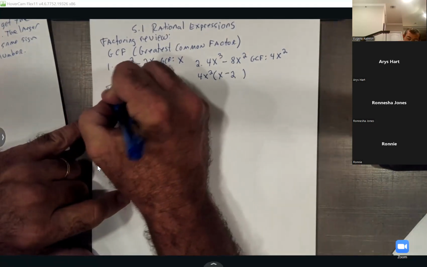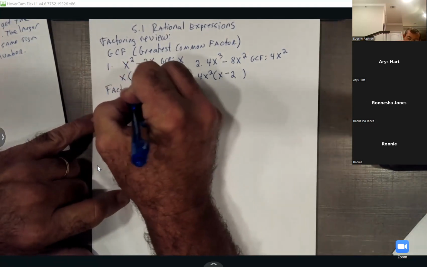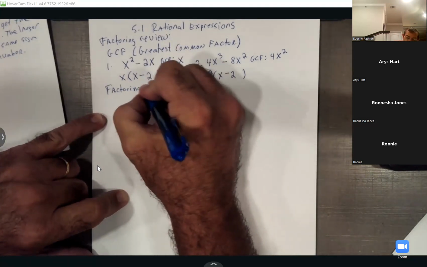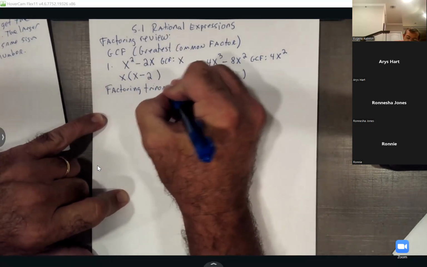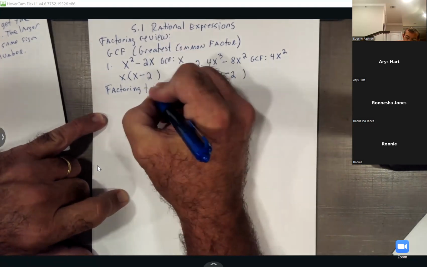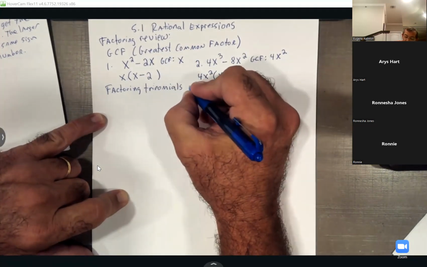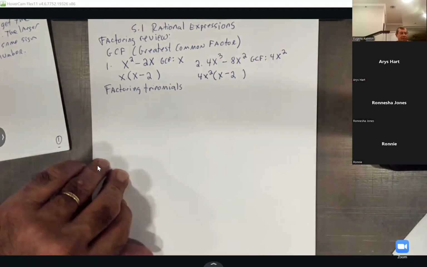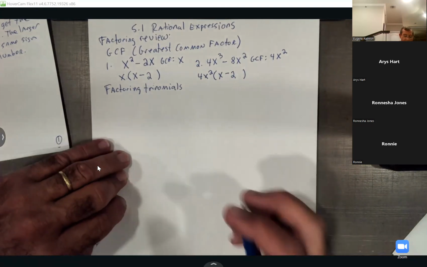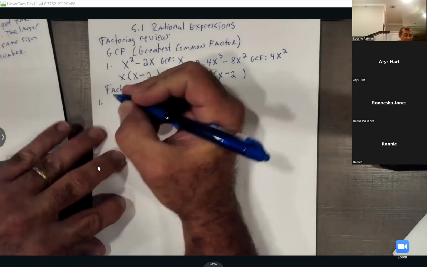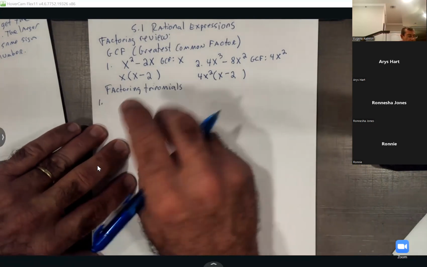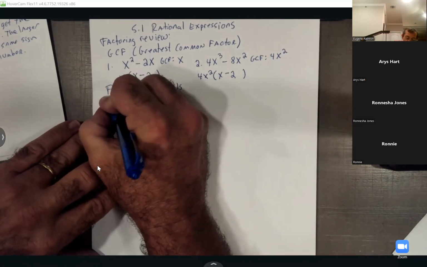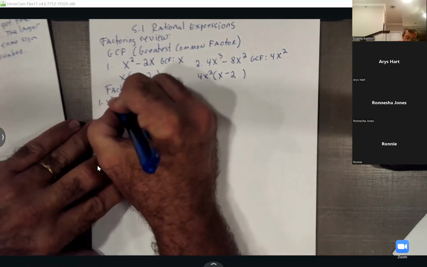Next, I want to go over factoring trinomials. So my trinomials will be like the x squared plus the x plus a number on them. So I'm going to write my 4 examples down real quick, and then I'm going to show you the rules I follow.